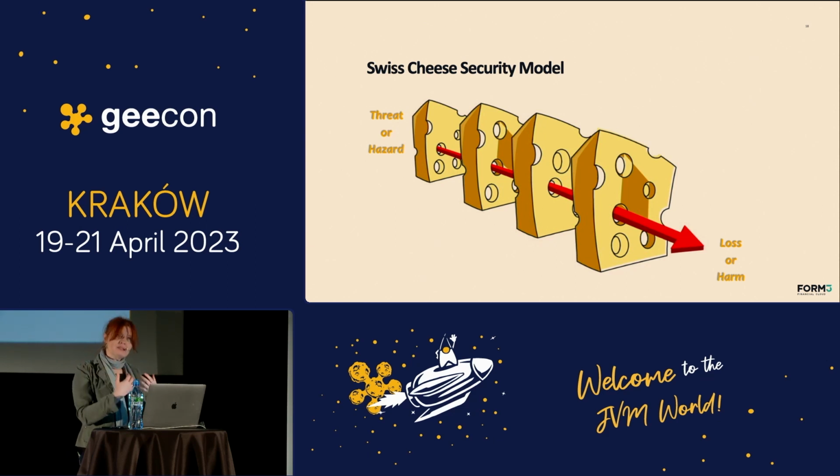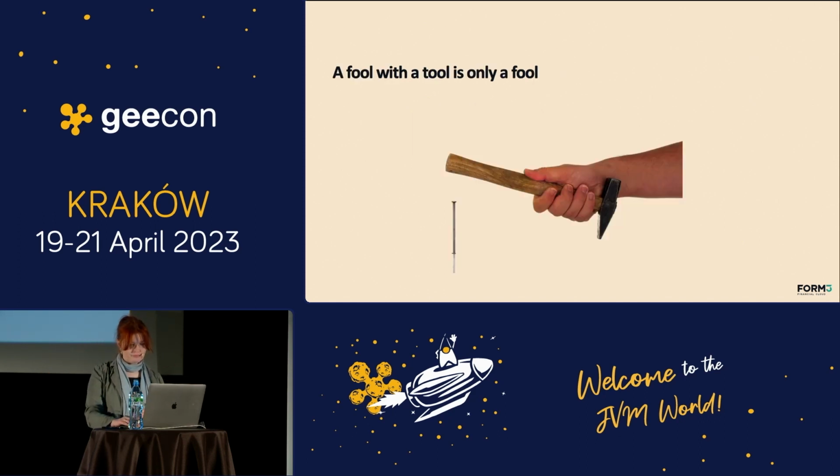So by implementing multiple overlapping layers, we create a more resilient defense. So remember also that the goal is not to achieve perfect security. That's impossible. We want a robust defense that makes it more difficult for attackers to succeed, and gives us, good guys, more time to detect and respond to potential security threats.